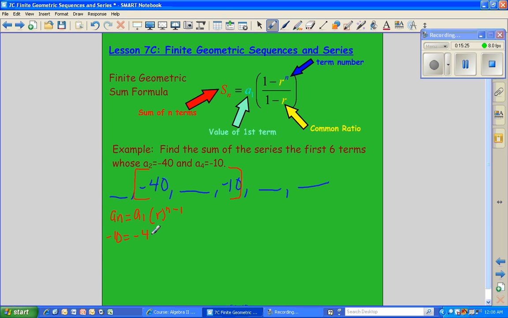A sub 1 is negative 40. We're looking for r, and this is 3 minus 1 is 2. So you're going to get 1/4 is equal to r squared, which means your r value, again, you're falling into this category of plus or minus a half, equals r. So you're not sure if this is positive or negative, and that's going to affect the outcome.